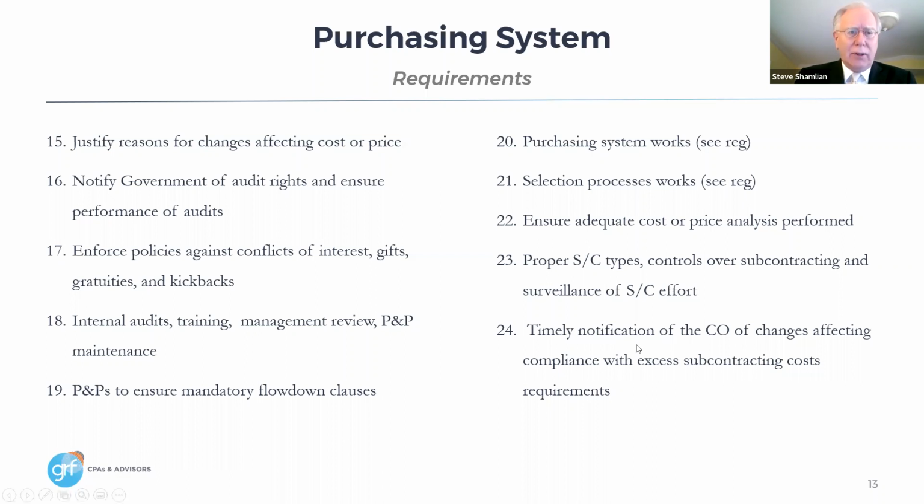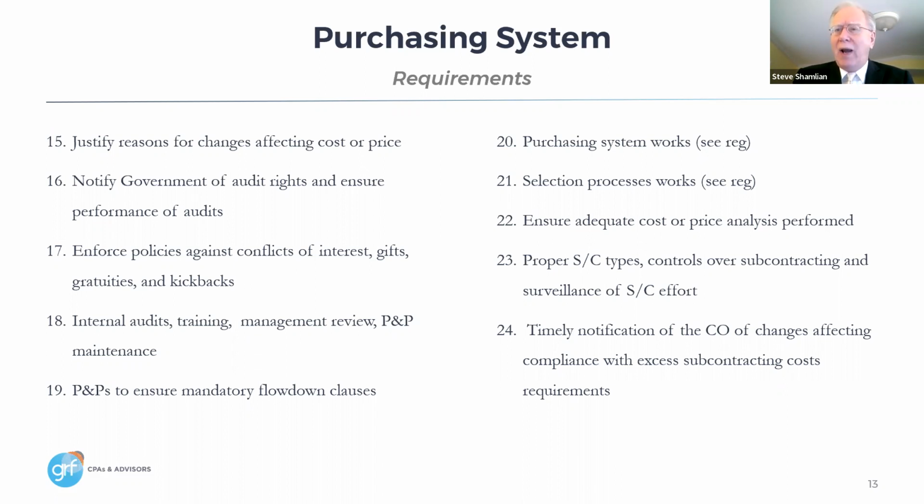Government's really big on internal audits. And training and management review. I took some liberties at 20 and 21 because those are long requirements. And I just basically, the purchasing system works. And that means that you get the appropriate parts from the appropriate vendors at the appropriate time with the appropriate quality.